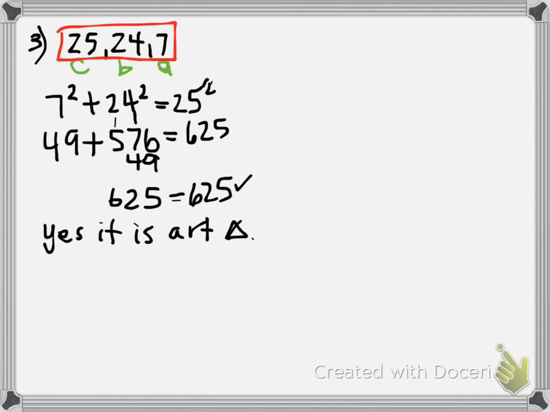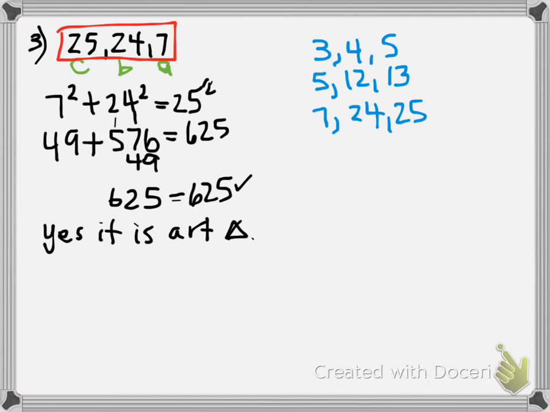I don't know if you've heard of this before. You guys should have heard it in your pre-algebra class, but things don't always work out the way that we hope. There are certain groups of numbers that will always give you a Pythagorean, that will be true for Pythagorean theorem. Anytime you have a group of 3 integers that meet Pythagorean theorem, these are called Pythagorean triples.